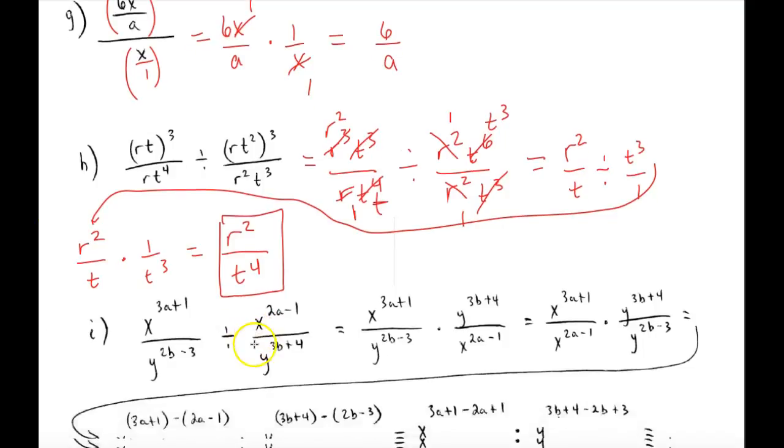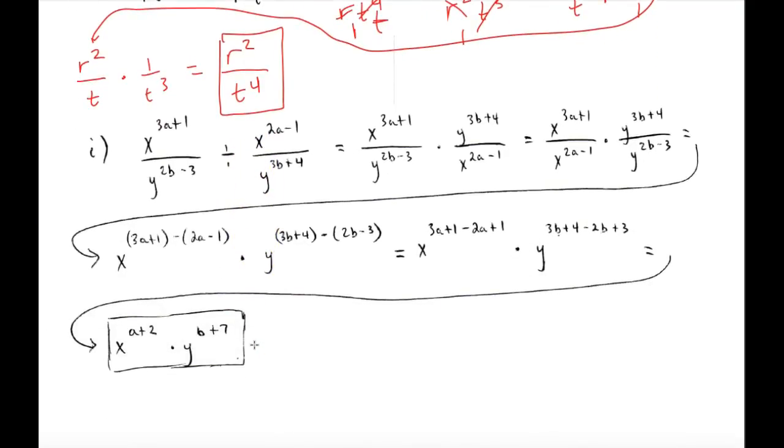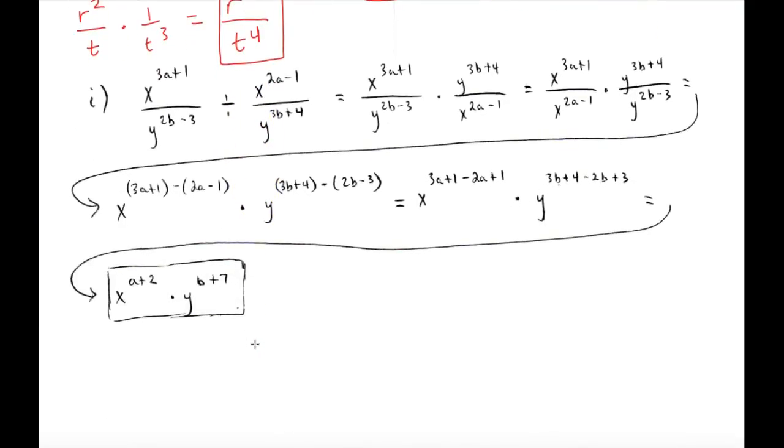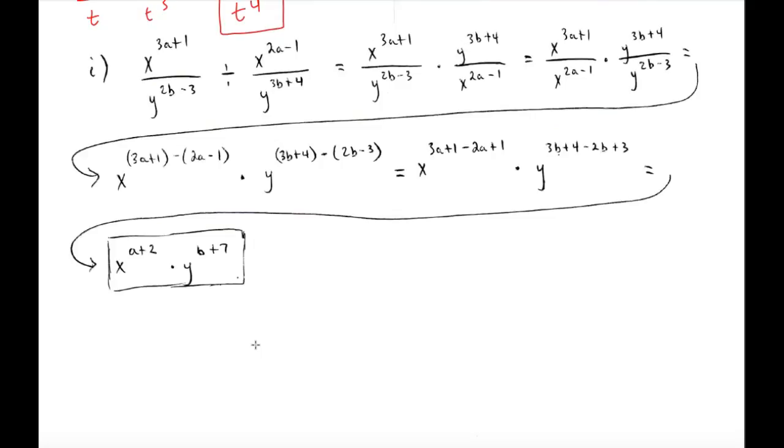All right, moving on to the next example here. We see that we have another case of dealing with exponentials. So we go right out the box here and start to do the keep change flip. So we keep the first fraction the same, change the operation from division to multiplication, and then take the reciprocal of, or flip, the bottom fraction. Okay.